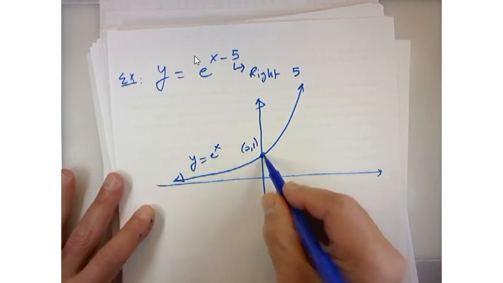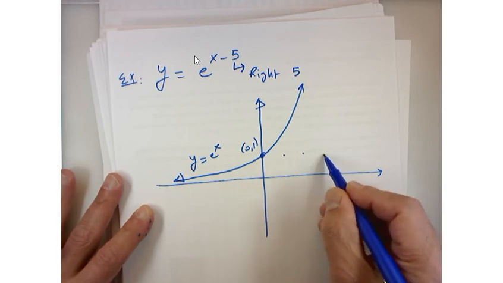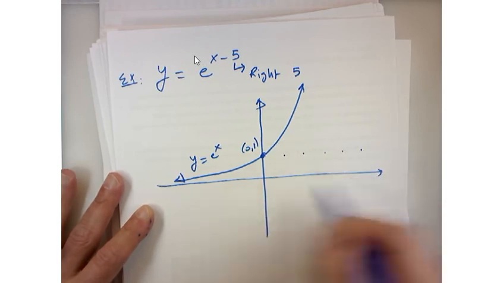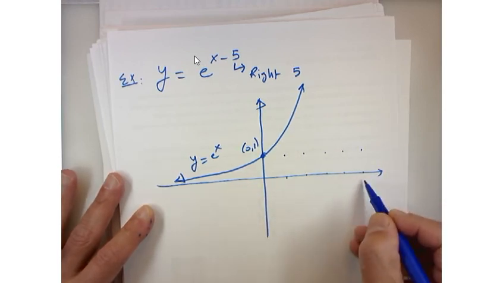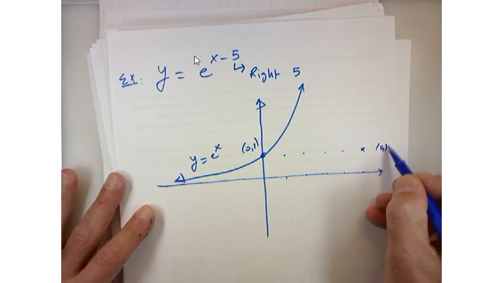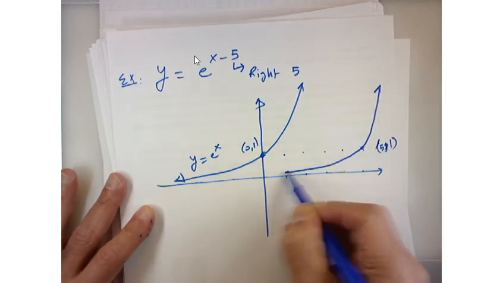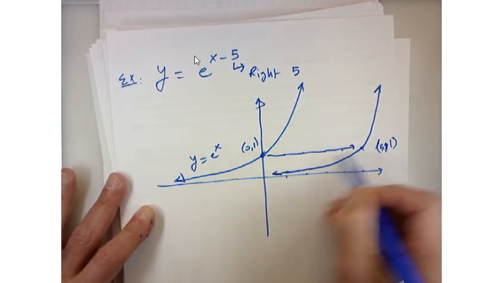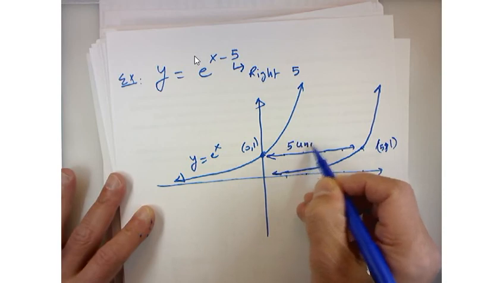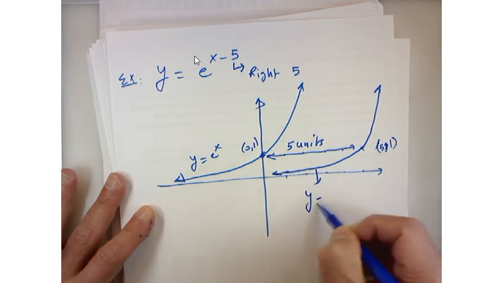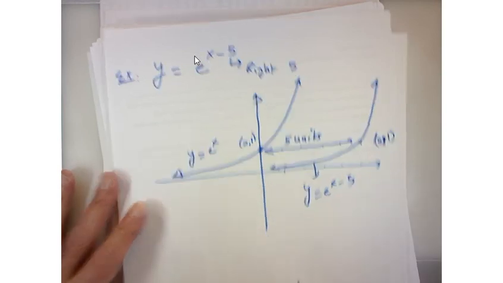So if you shift this 5 units to the right, you're at 5, 1. So the whole graph has to shift 5 units to the right. This is 5 units. This is e to the x minus 5.